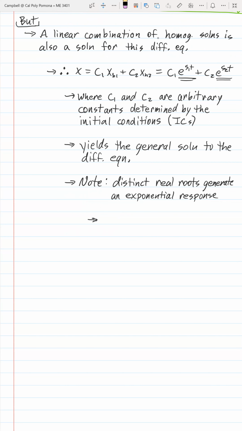that if either S1 and or S2 are positive, the solution has exponential growth associated with it.